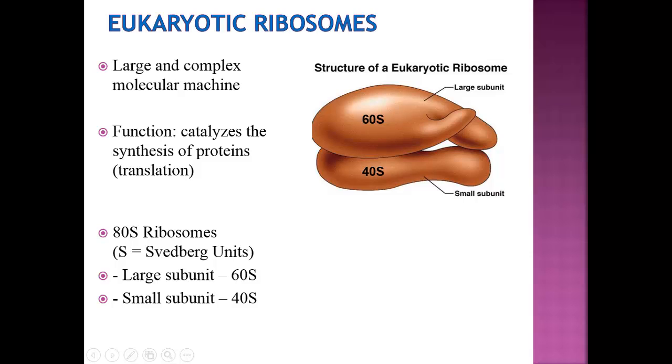It is the sedimentation coefficient, which means the 80S eukaryotic ribosome sediments faster than the 70S prokaryotic ribosome. The 80S ribosome is only functional when the two subunits, the large 60S and the smaller 40S, come together.